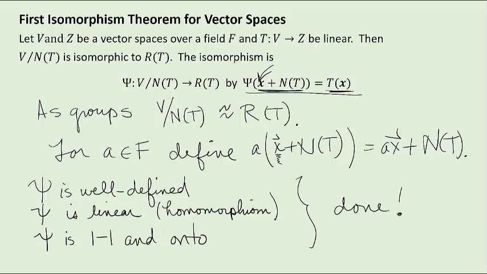What this means is that if you find a linear transformation from V to Z, especially if it's onto Z, and you can identify the null space, then you can know that V mod N(T) is isomorphic to Z.